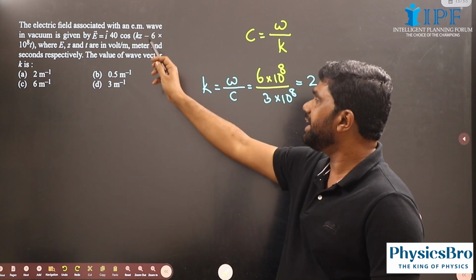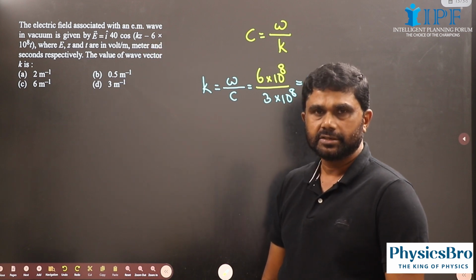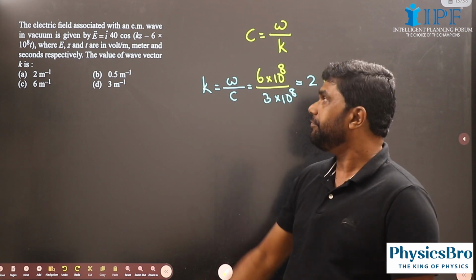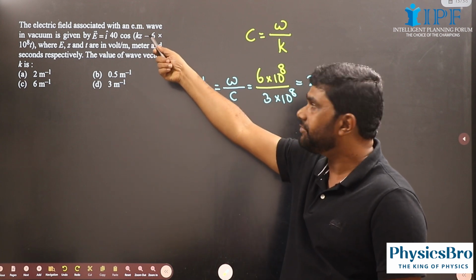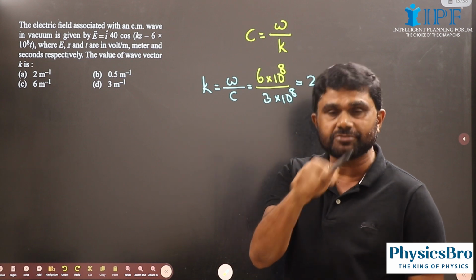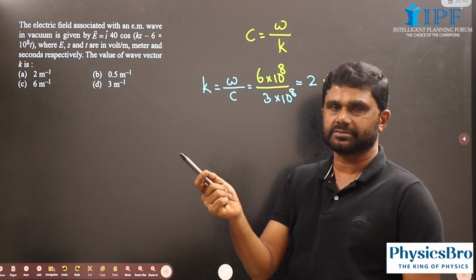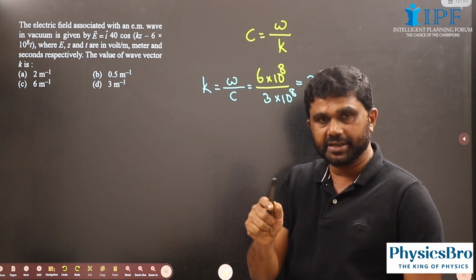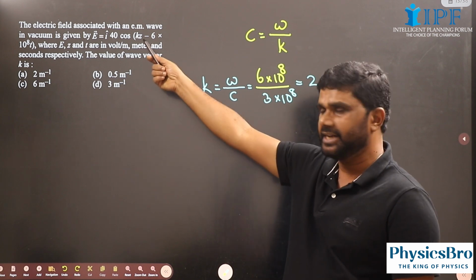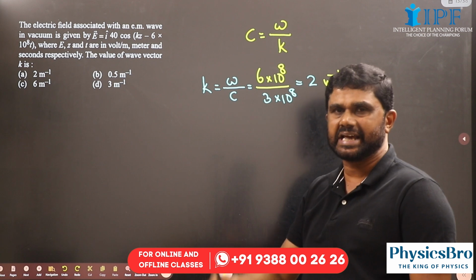If you have a negative sign between kz and omega t, then the wave is propagating along the positive z direction. If you have a plus sign between kz and omega t, then the wave is propagating along the negative z direction. If there is z, then along the z axis; if there is x, then along the x axis, like that.